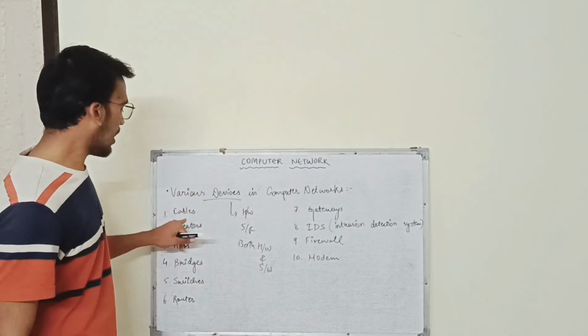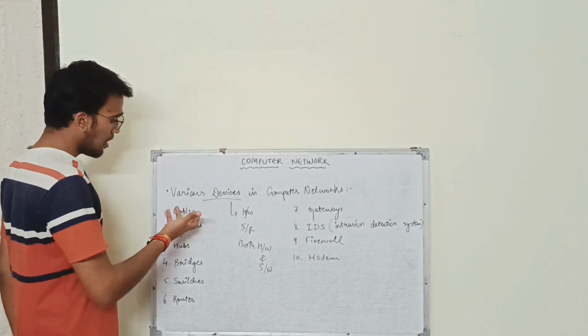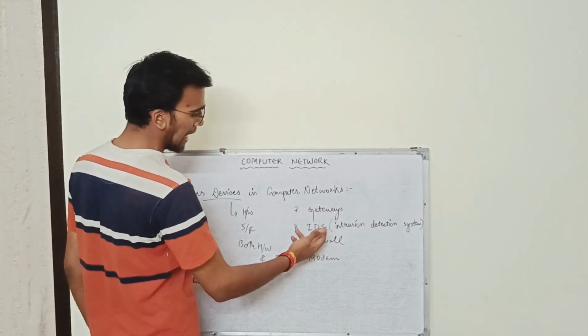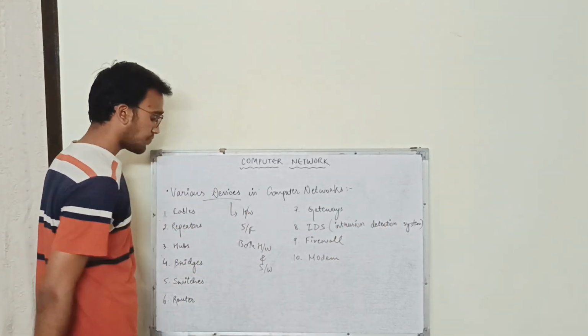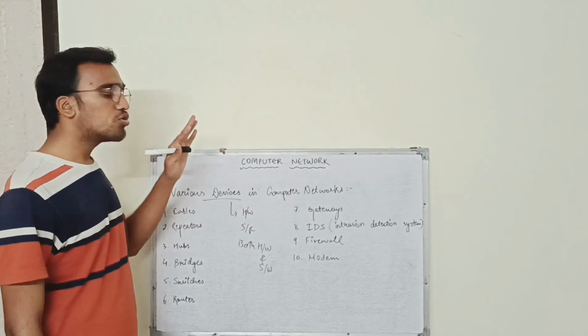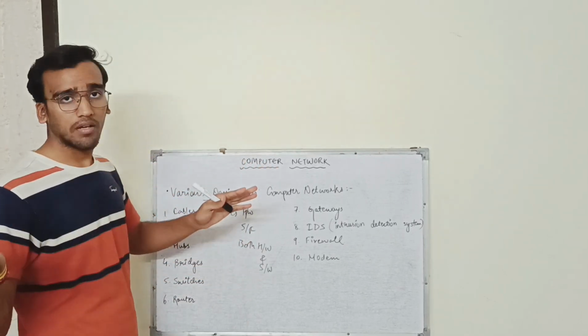The first ones are cables, repeaters, hubs, bridges, switches, routers, gateways, IDS (intrusion detection system), firewalls, and modems. These are the most important devices we are going to cover in the whole chapter.